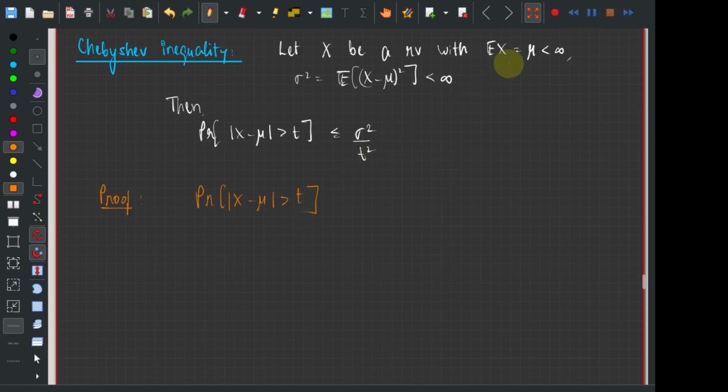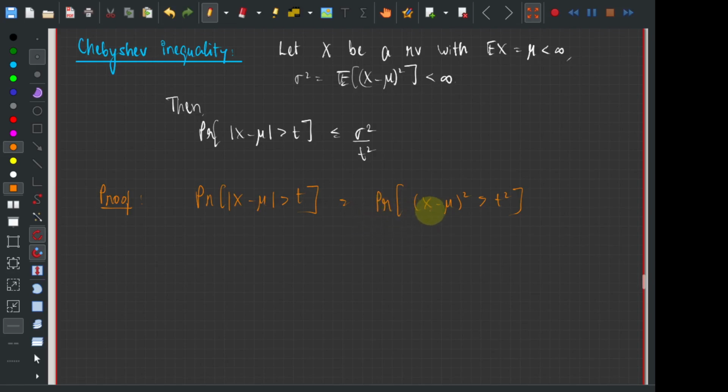I'm only given the mean mu and the variance sigma square. But this is equal to the probability that x minus mu the whole square is greater than t square, because both sides are non-negative. So mod x minus mu is greater than t if and only if x minus mu the whole square is greater than t square.